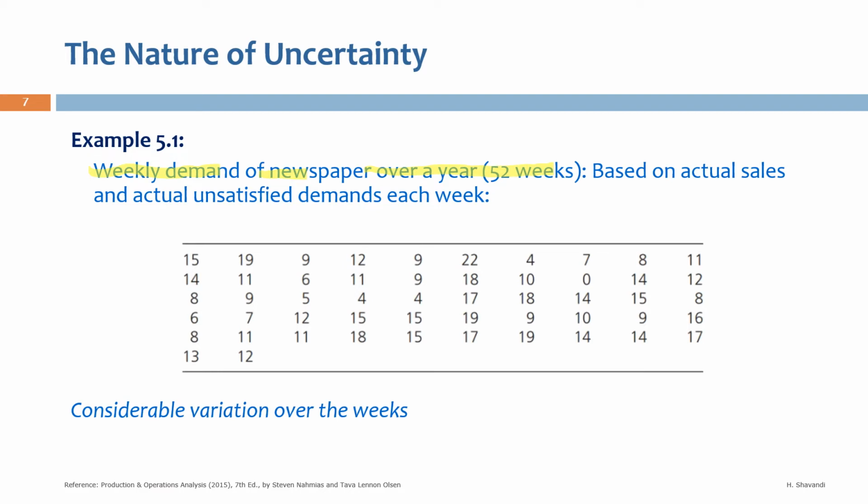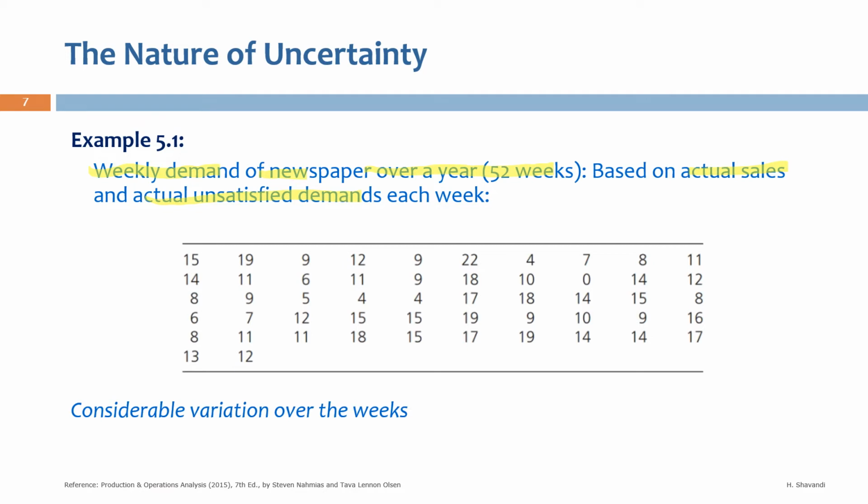We assume that this is based on actual sales and actual unsatisfied demand, because if we just consider the sales, we are not actually recording the actual demand, because we may have stock-out situations. So we had some demand, but we didn't have newspapers to satisfy those demands. So we do have unsatisfied demand, right? Here we are considering all of them, so this is the demand, not just the sales data.